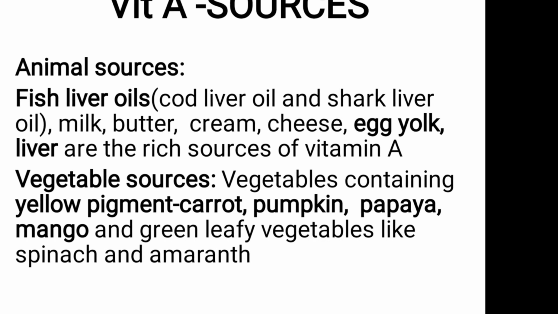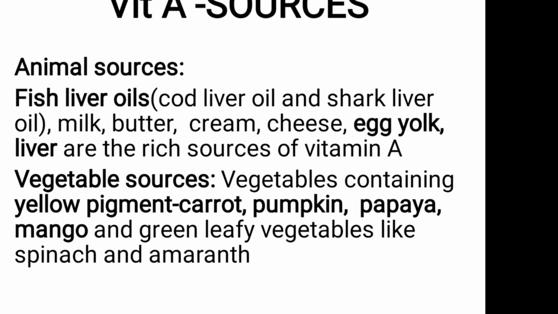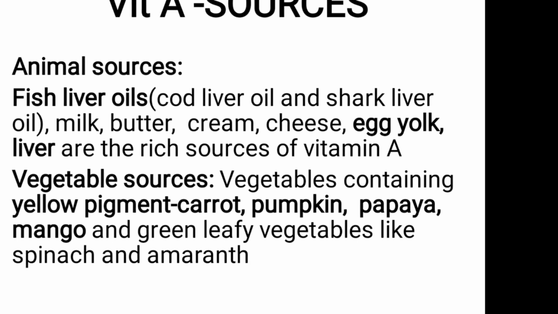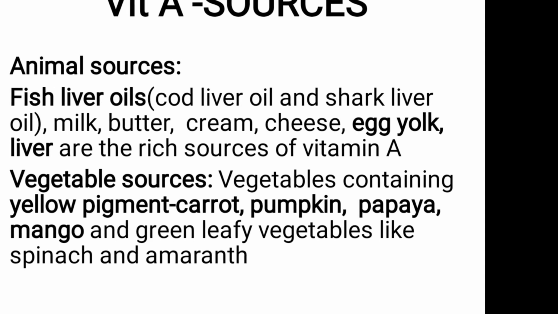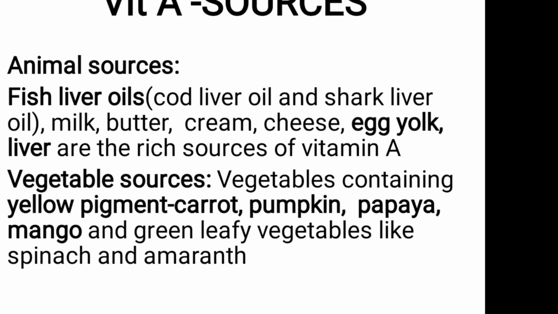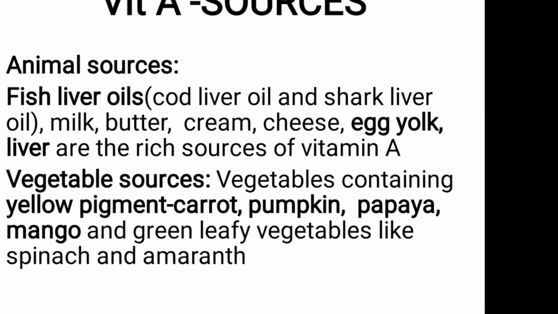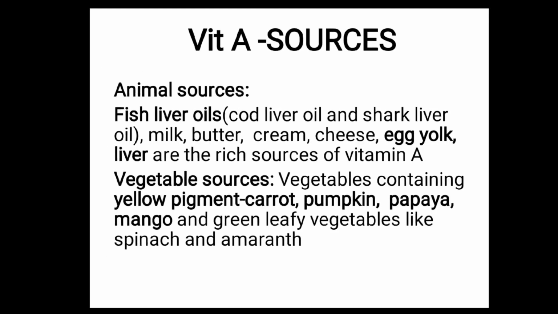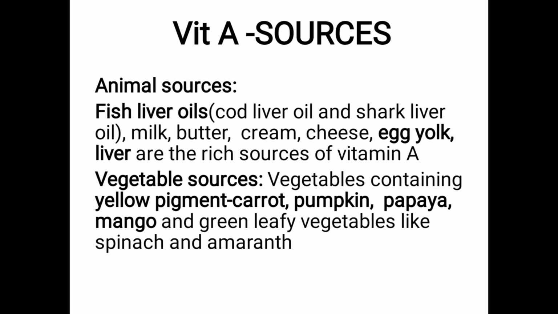Milk, butter, cream, cheese, mainly egg yolk, and the liver part are rich sources of vitamin A. So remember, the liver part is a rich source of vitamin A. Even the polar bear, the largest living carnivorous animal, contains the highest amount of vitamin A, which is stored in the liver. So animal sources are fish liver oil, egg yolk, butter, milk, cream, etc.